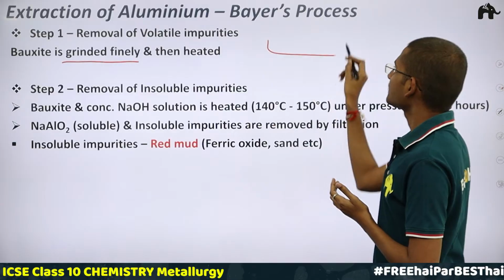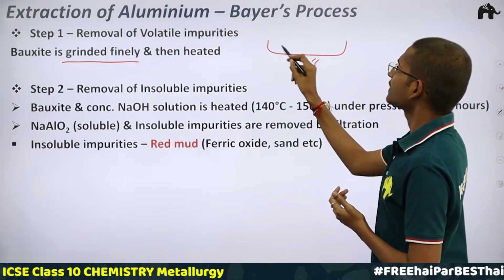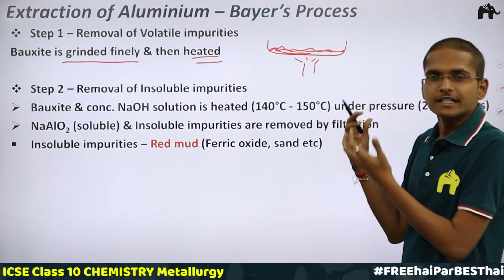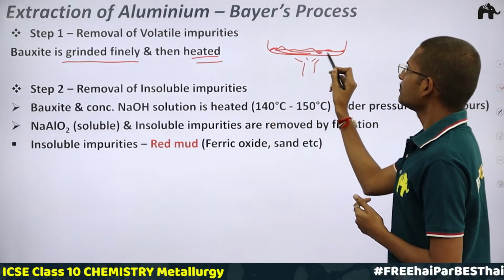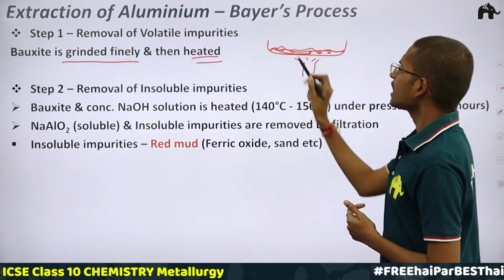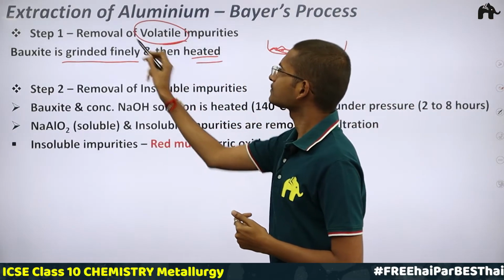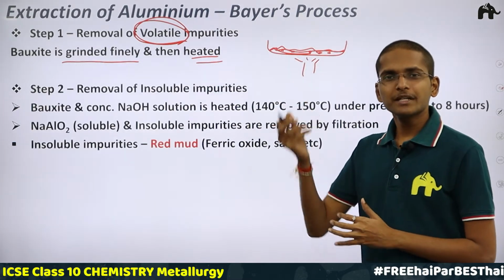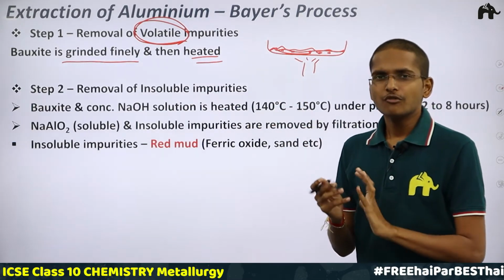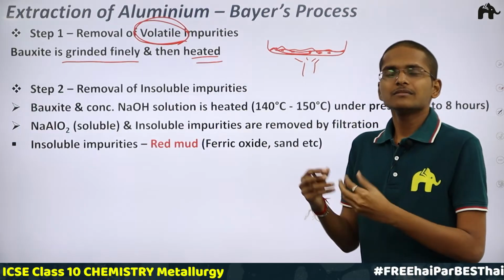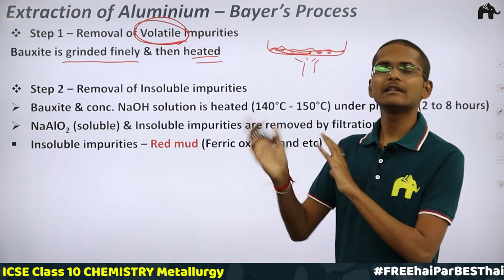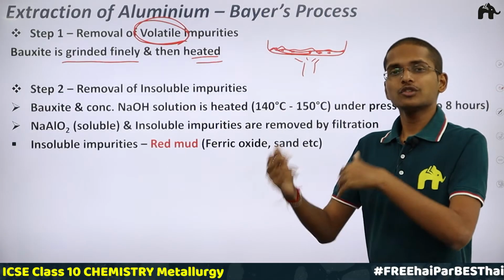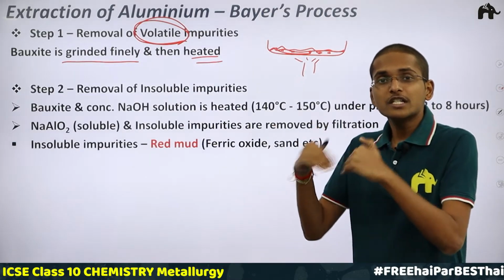Then this finely ground bauxite we are going to heat. What would happen? After heating, whichever impurities in this bauxite are volatile will go away. Volatile means substances which, if we give them some heat around 100 degrees Celsius, or even at room temperature, get converted into their vapor state.